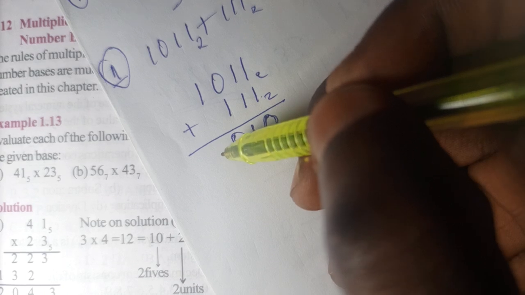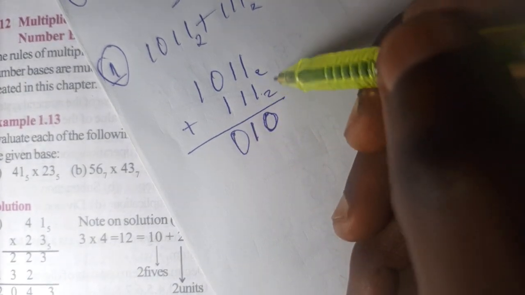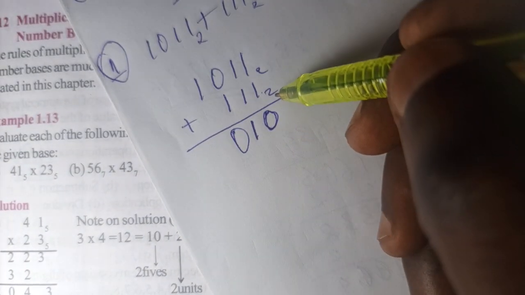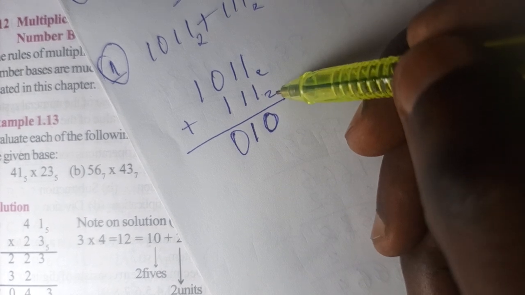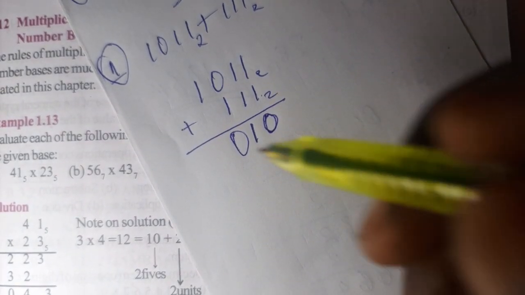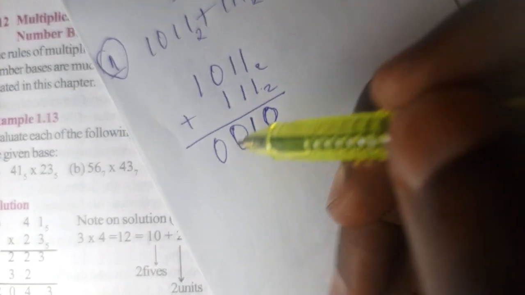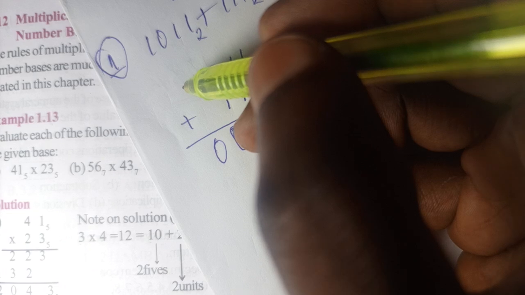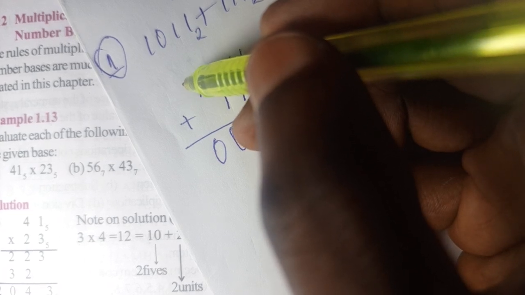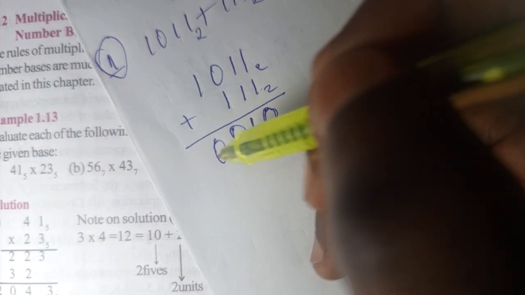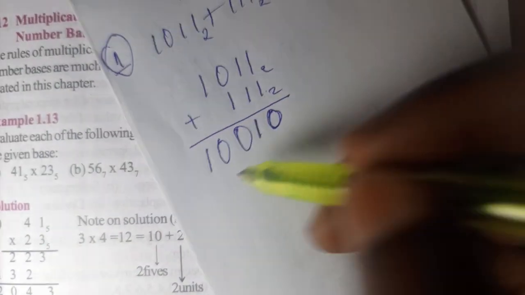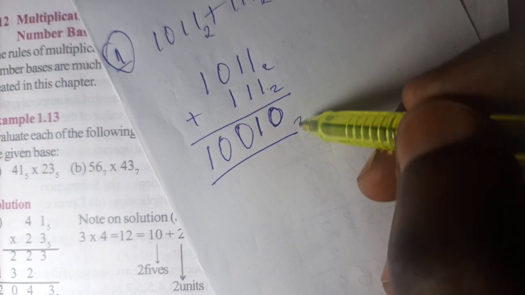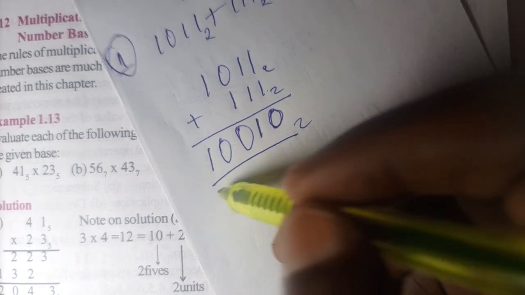If you bring down the 2 here, you are going to have a number equal to the base. So you still divide by 2. 2 divided by 2, you have 1, remainder 0. So you write down the remainder. You carry that 1 to this place, and 1 plus nothing will give you 1. So you have this in base 2 as your answer.